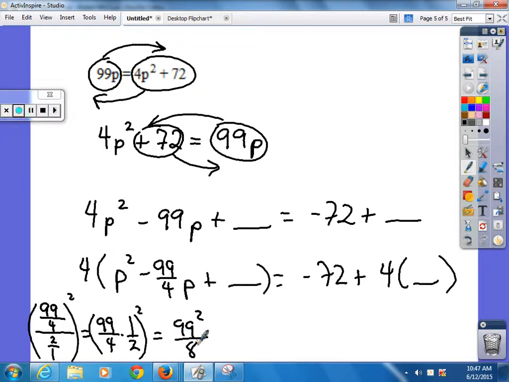Okay, now notice I'm just putting 99 squared. Not a big deal. It's a big number over 8, but I'm not going to worry about it right now. Because you take the square root of this, you're going to get 99 over the square root of 8.